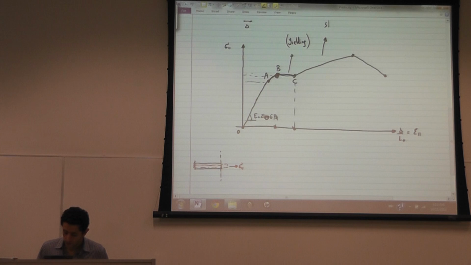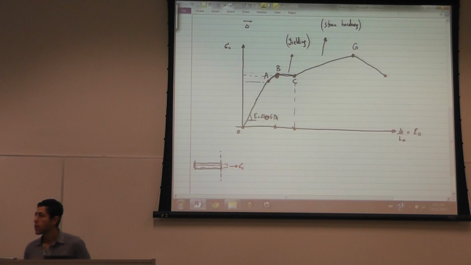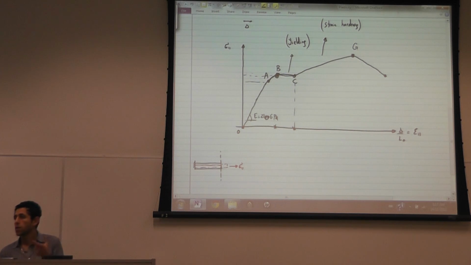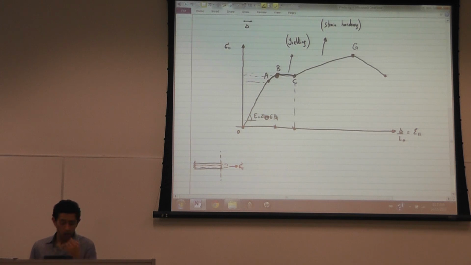So now this is called strain hardening. And so from C to, let's say, point G, in order to increase the strain, I have to increase the stress until I reach a point in which the material starts to neck the specimen.